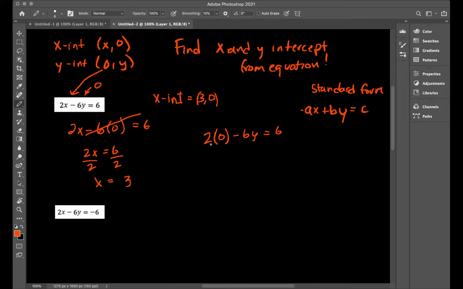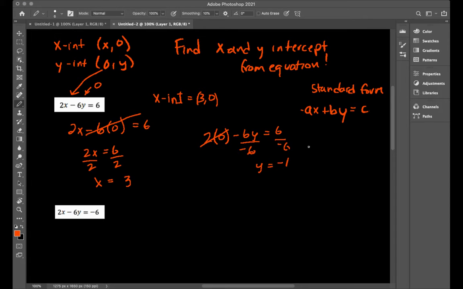Now from here, this cancels. We know that automatically. We divide by 6. So y equals negative 1. Boom, and that would be the answer.